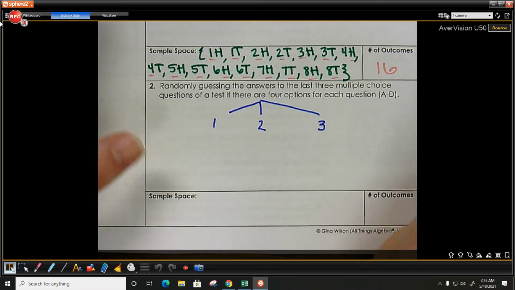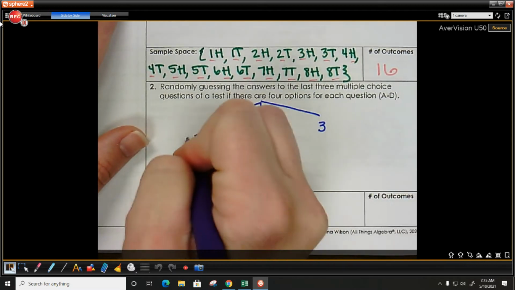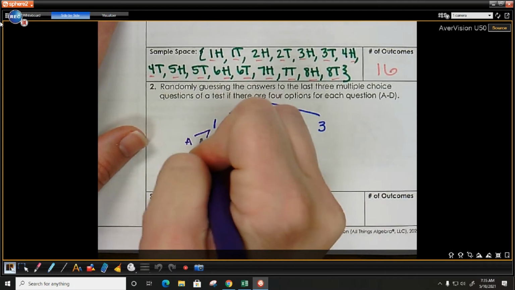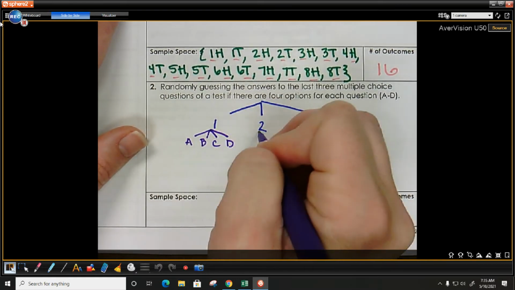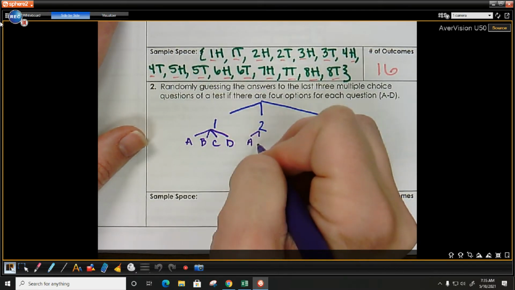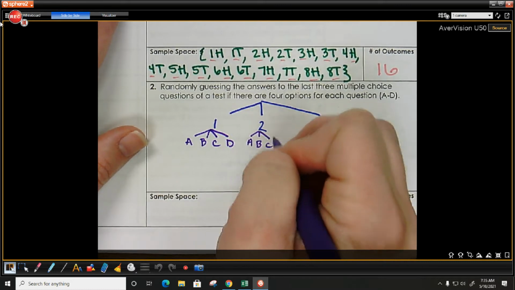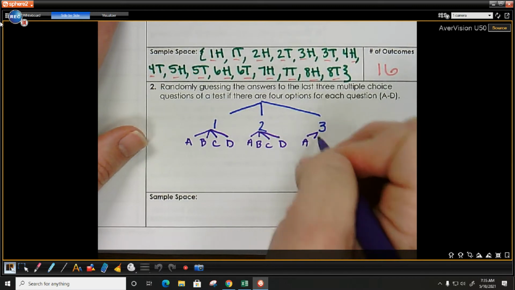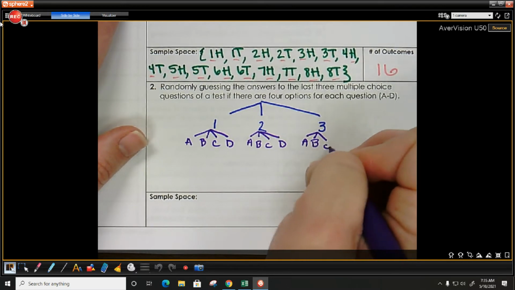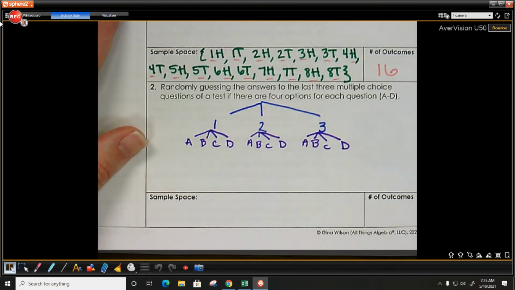Okay, question 1 has how many possible choices? A, B, C, D. Each question has A, B, C, and D.